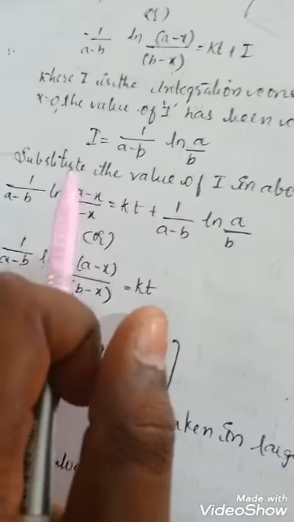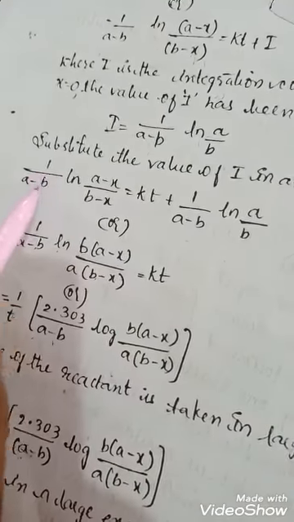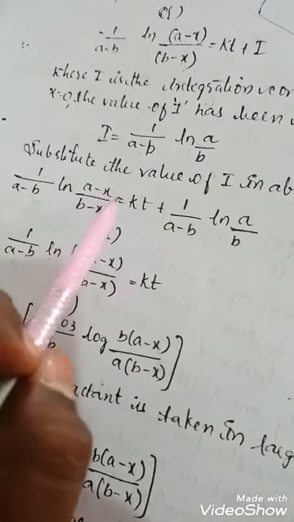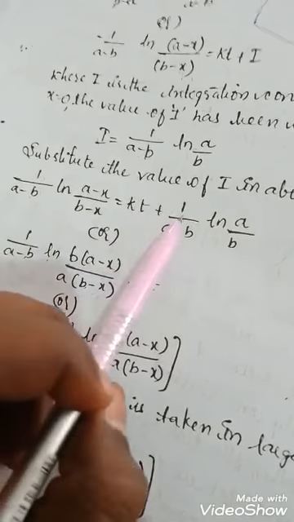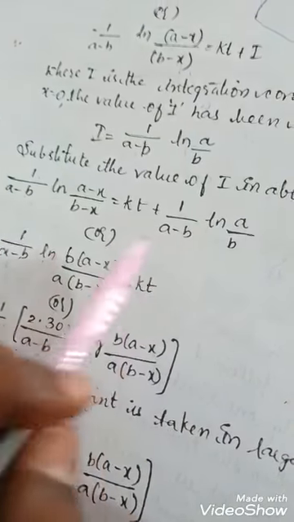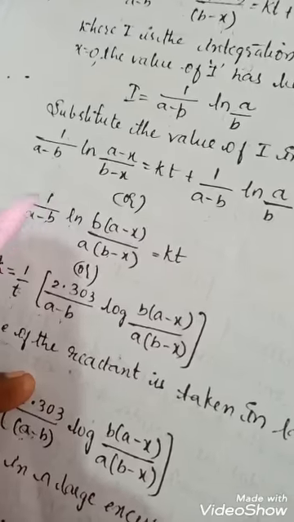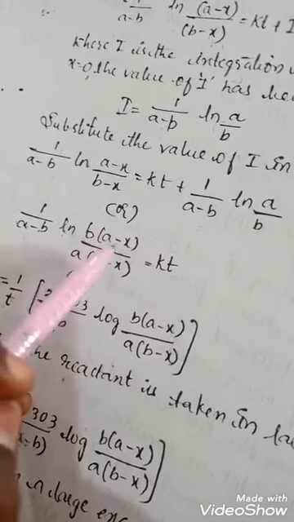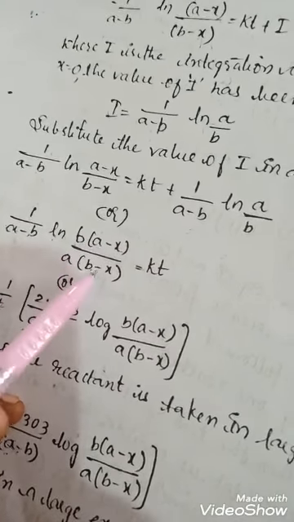This is the equation. Substitute the value of I in our equation. 1 by a minus b ln a minus x by b minus x equal to kt plus 1 by a minus b ln a by b. So we take 1 by a minus b ln b into a minus x by a into b minus x equal to kt.